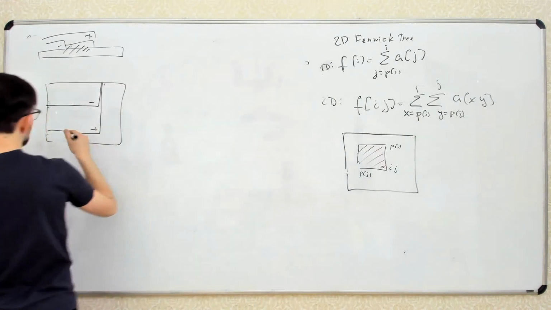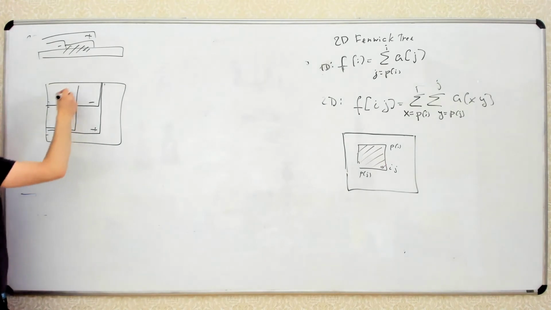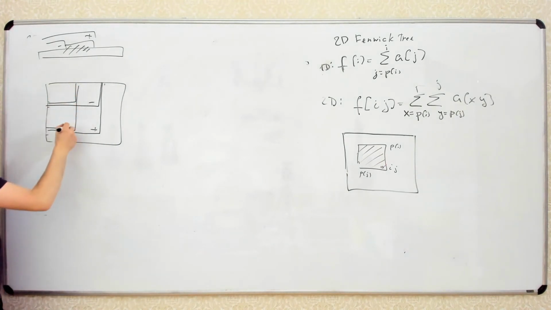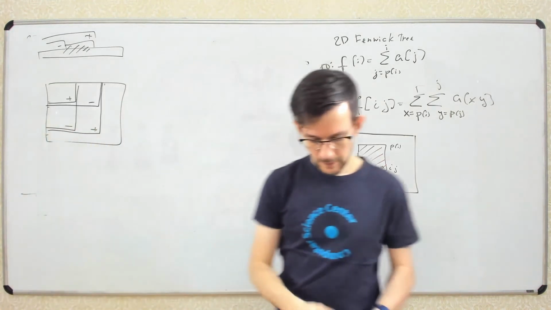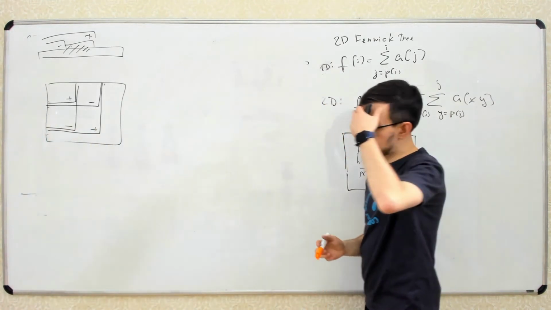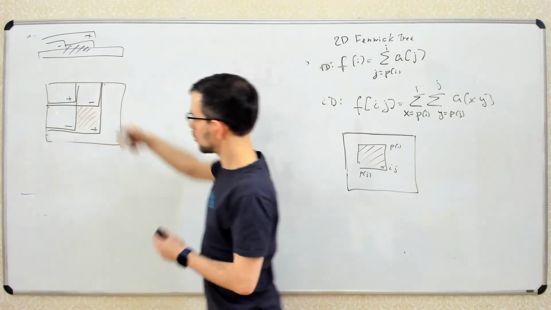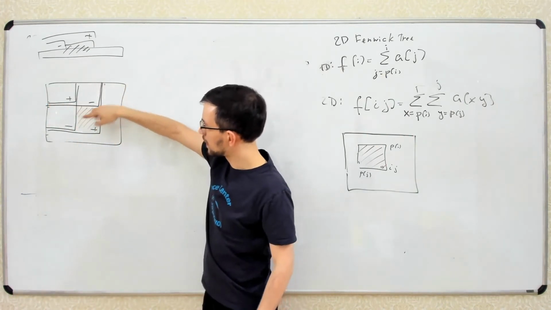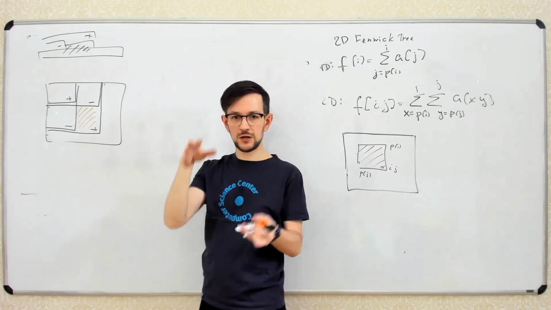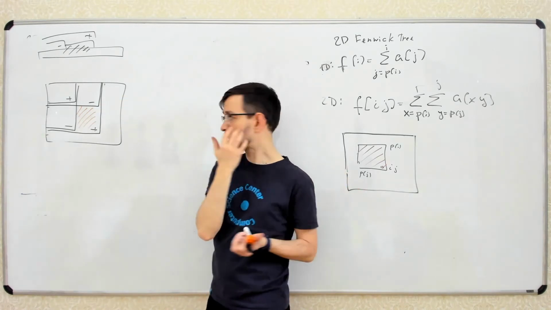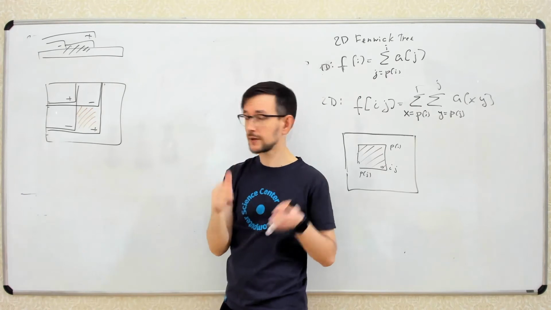And then we need to subtract this area and add this area. And this will give you the sum on this rectangle. So when you want to calculate the sum on this rectangle, you split it into sums on prefixes. It's like two-dimensional prefix sums.